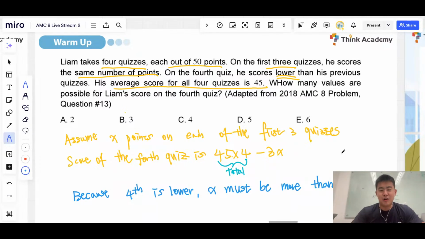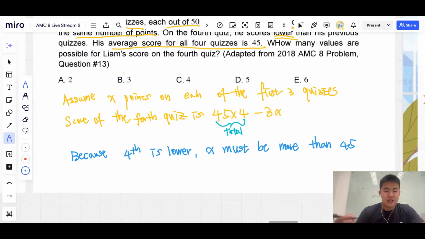Good, that's what the condition tells us. Since the fourth is lower, imagine we have x, x, x, and the fourth is unknown. The average is 45. Since the last one is definitely lower than 45, in order for the average to still be 45, we need a higher value for x. So that's for this part.